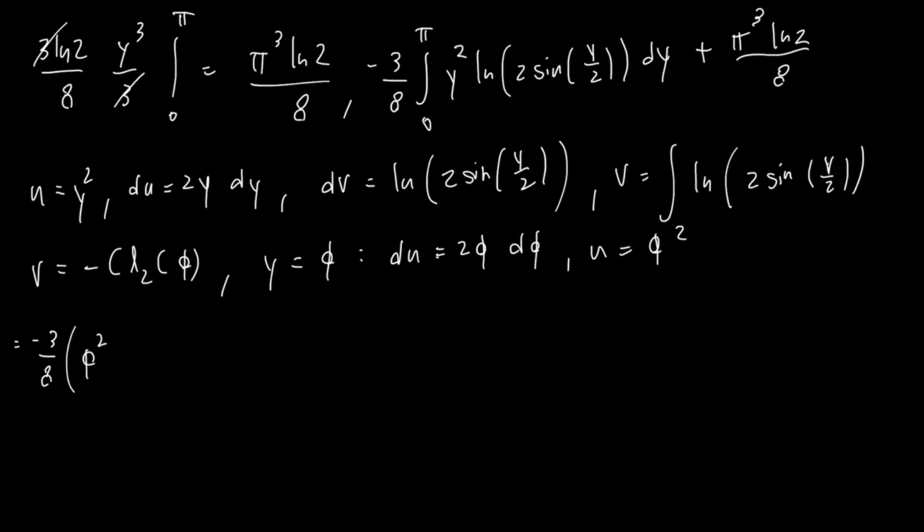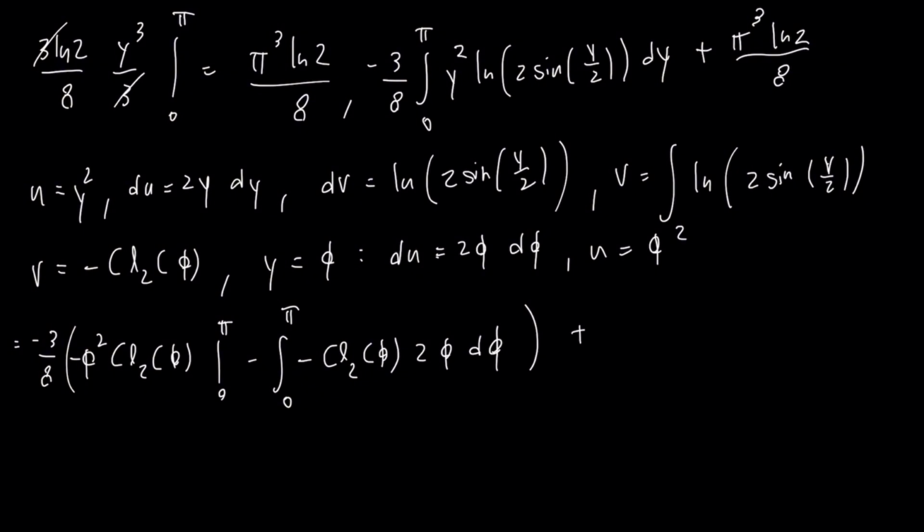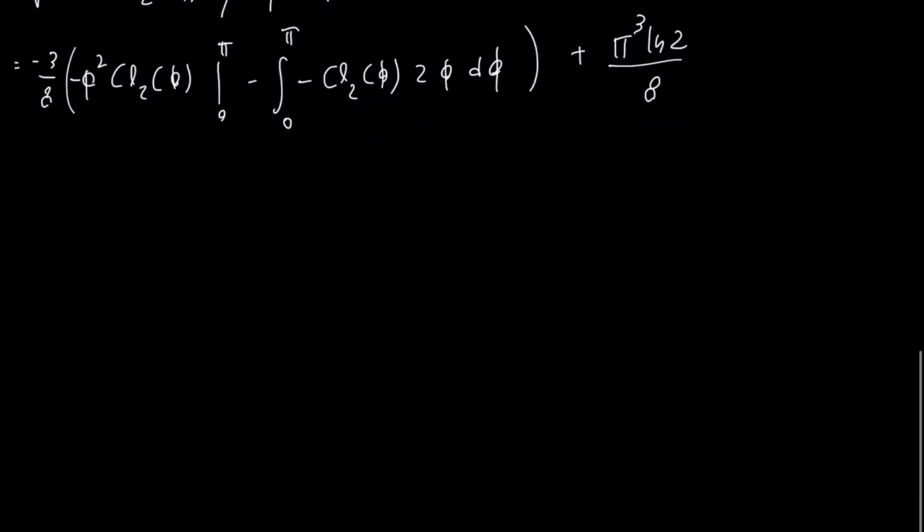We're going to have a phi squared times negative the Clausen function of phi from 0 to pi minus the integral from 0 to pi of v, which is negative the Clausen function of phi, times du, which is 2 phi d phi, and plus pi cubed log 2 over 8.